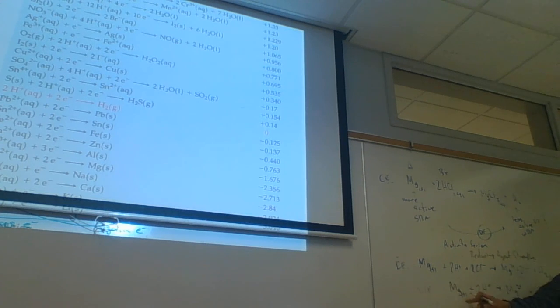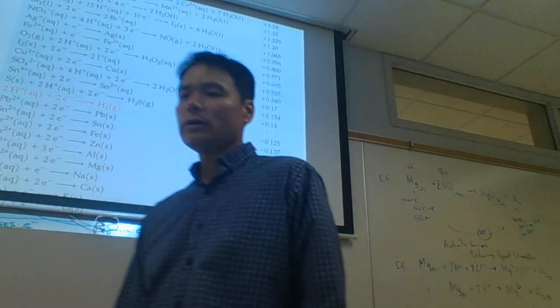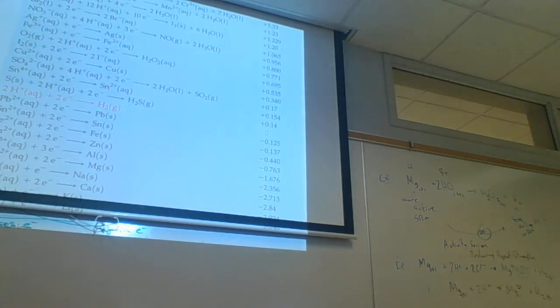And so here we have our reducing agent A, here we have our oxidizing agent B plus, and in the reverse direction, this would be the oxidizing agent, and this would be the reducing agent in the reverse direction. So are there any questions about this here? So this is single replacement.